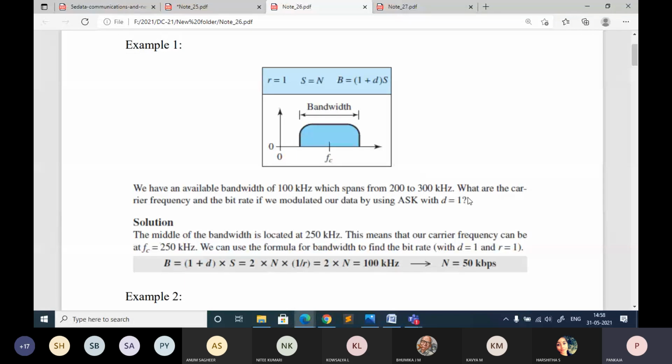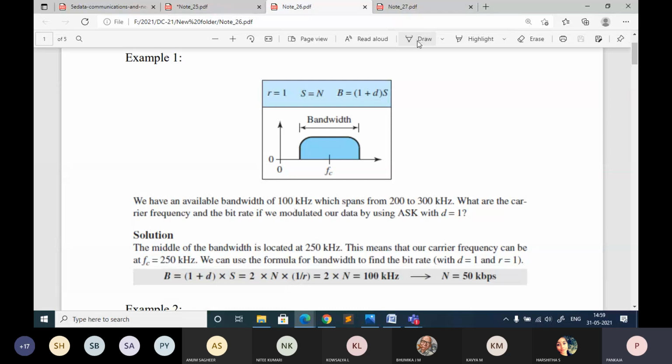The formula for ASK to calculate the bandwidth is B equals (1 plus d) times S, where d is the modulating factor. This is the formula you need to use when you want to calculate the bandwidth required for ASK.